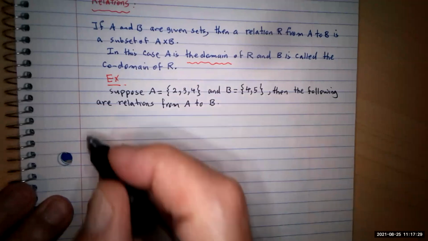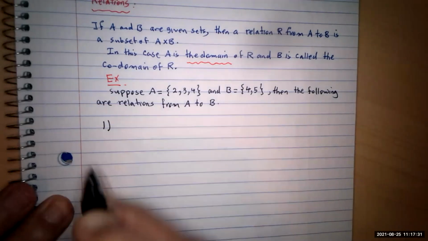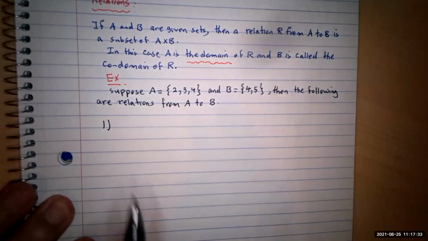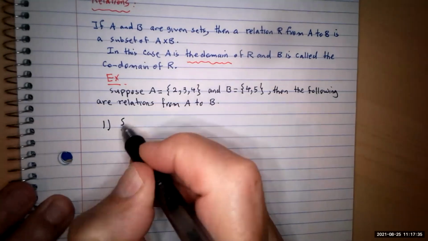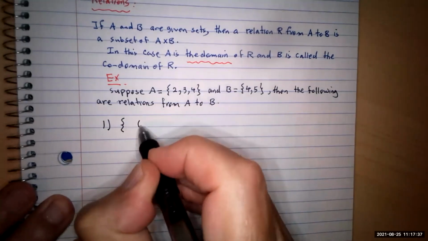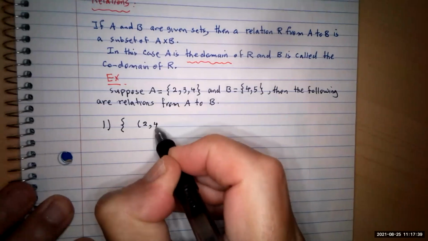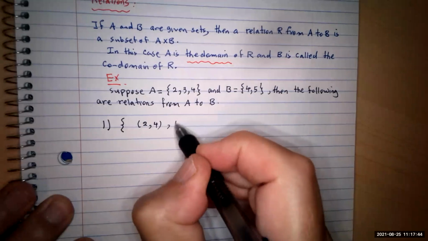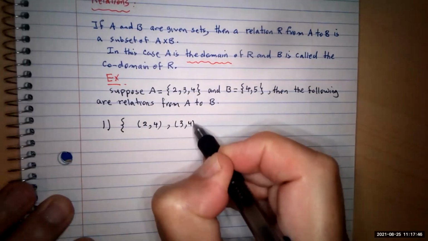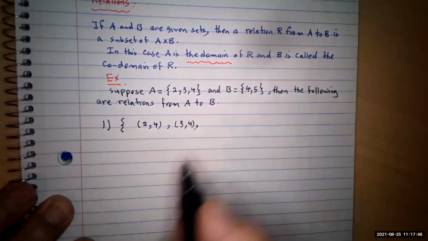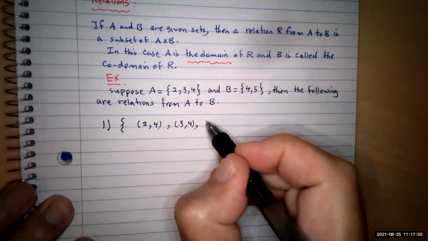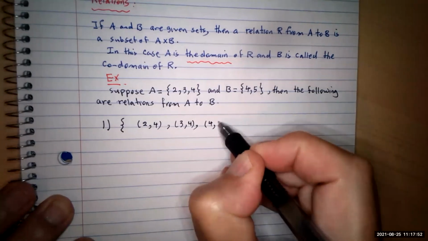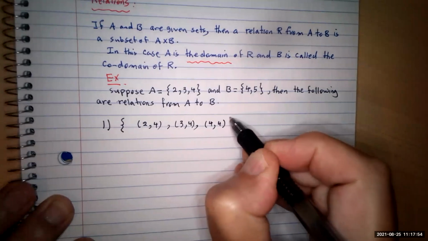So the first one is this relation. That's a collection of ordered pairs. We have (2, 4). This means 2 is related to 4. Then we have (3, 4). Then we have (4, 4). You see, this is going to be a relation.